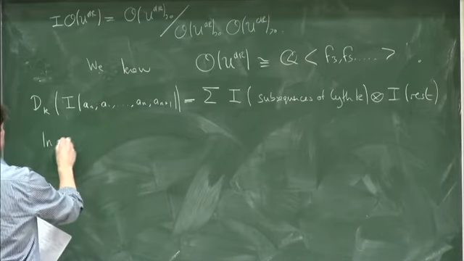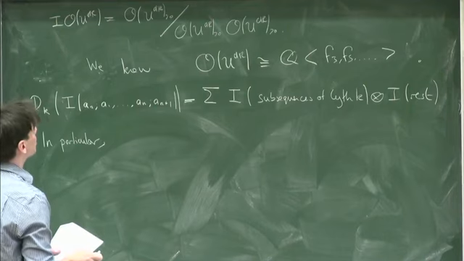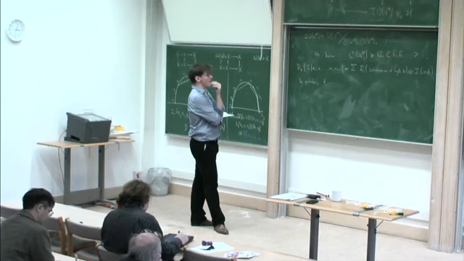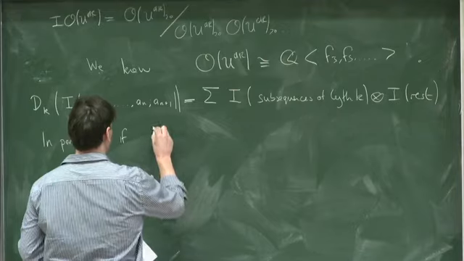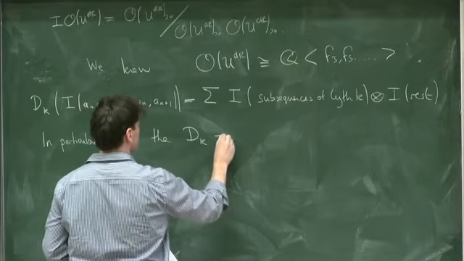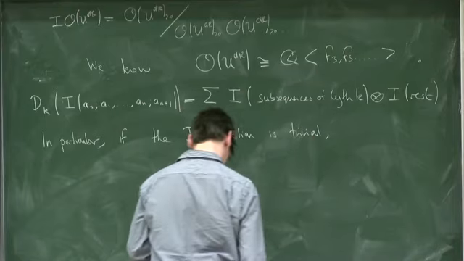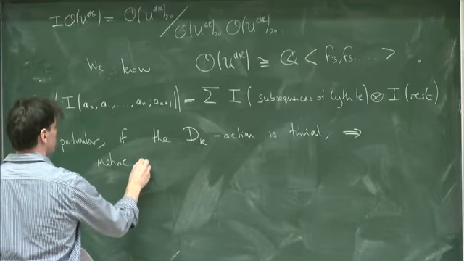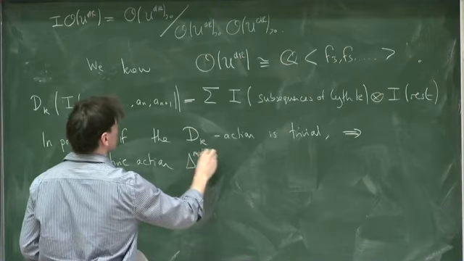So in particular, if the action of all these operators is trivial, then the Motivic action, because it factors through these operators D, delta mod, is also trivial.